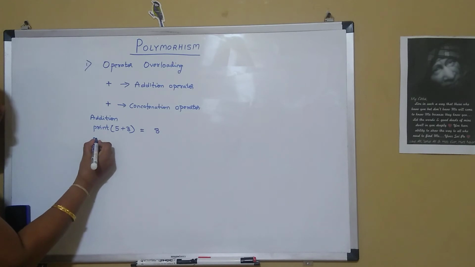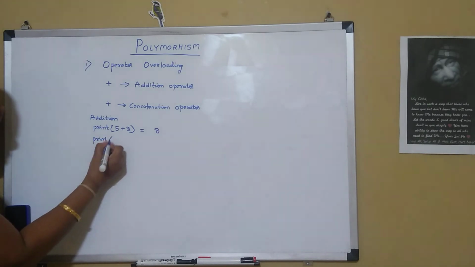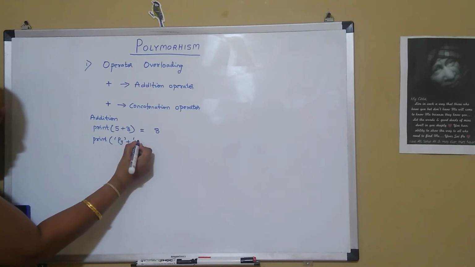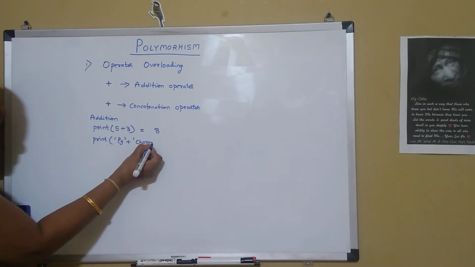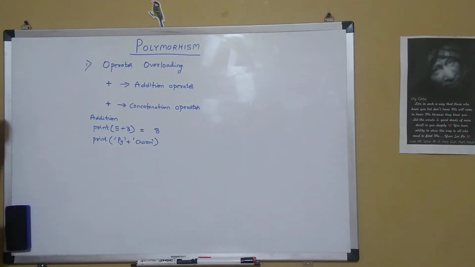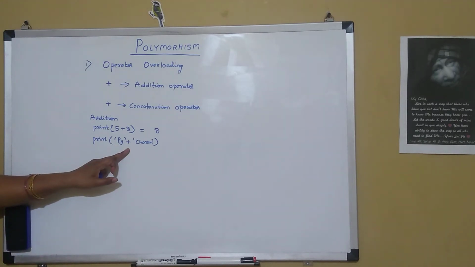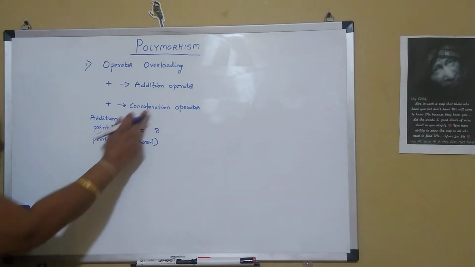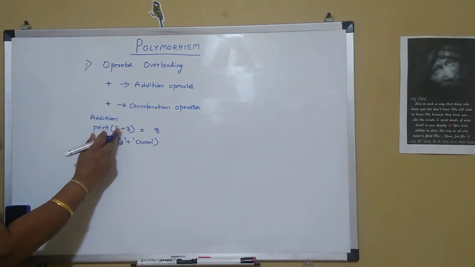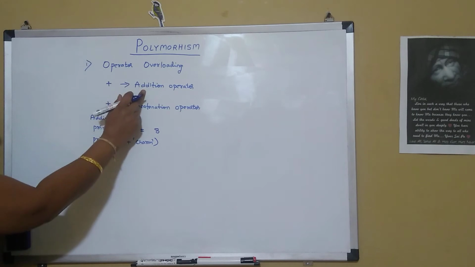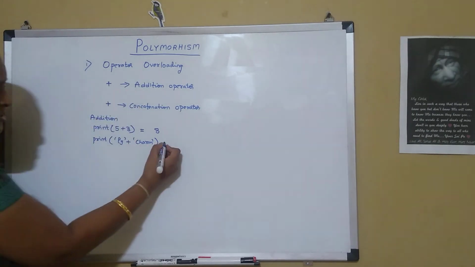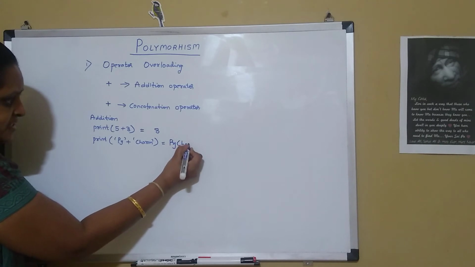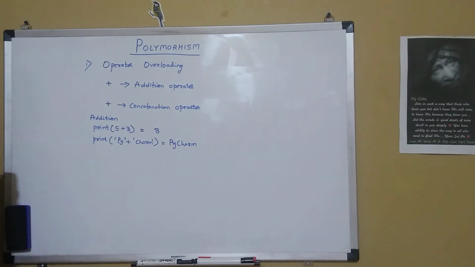Now, if I say print 5 plus charm, then it is used as a concatenation operator because two strings are present. When two numbers are present, it is used as an addition operator. So in this case, it will print pie chart on the console.